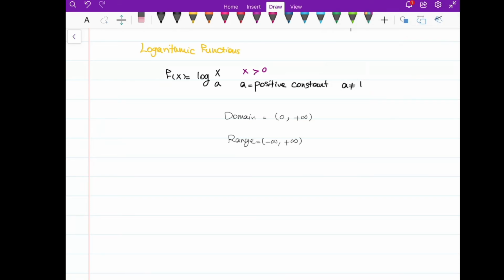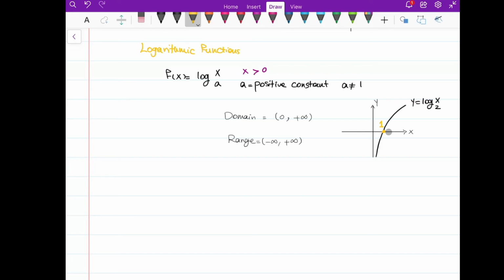If I want to graph it, x-axis, y-axis, and the graph of our logarithmic function looks like this. y equals log base 2 of x, for example, here. And when y equals 0, I get 2 to the power of 0, which is 1. So at x equals 1, I have the intersection of our logarithmic function with the x-axis.